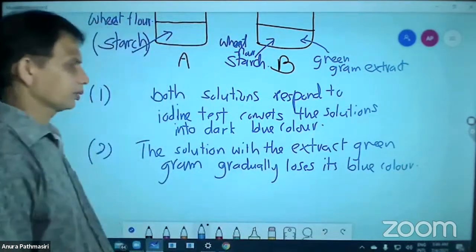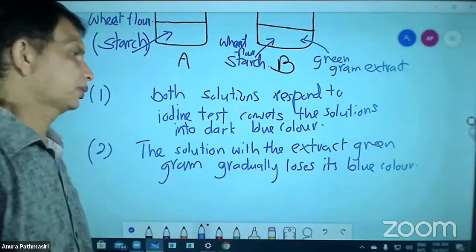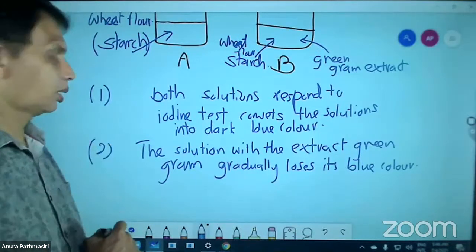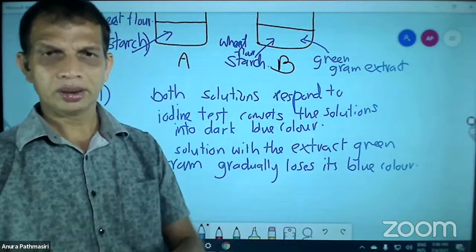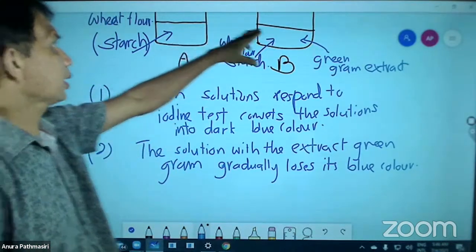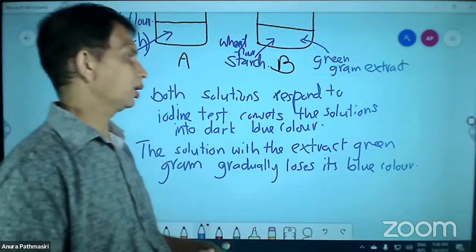That's the observation. This one's blue color is gradually disappearing. So that is what you have to write as the observation. Please write it down. So this extract will be gradually losing its blue color.